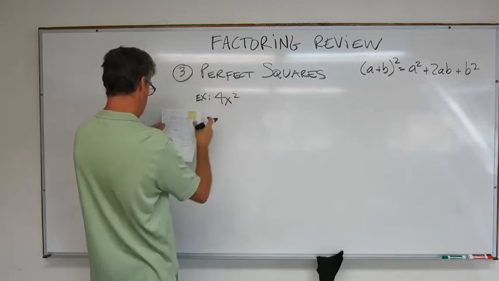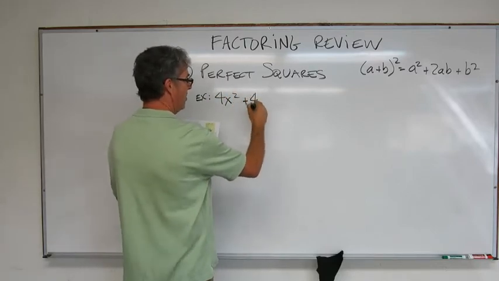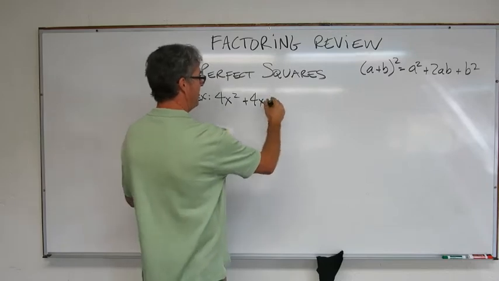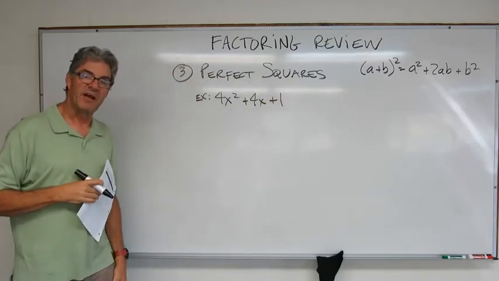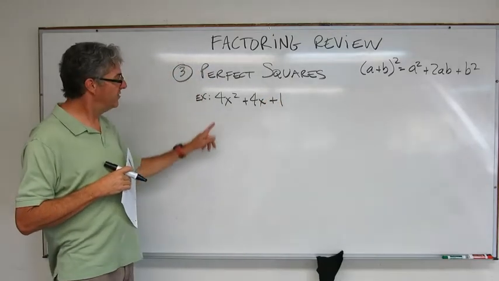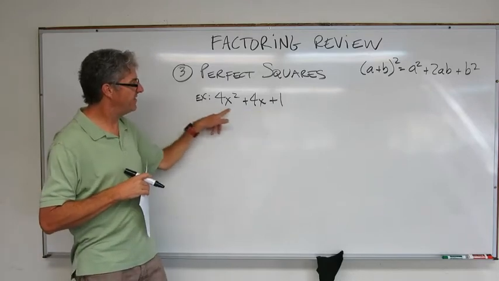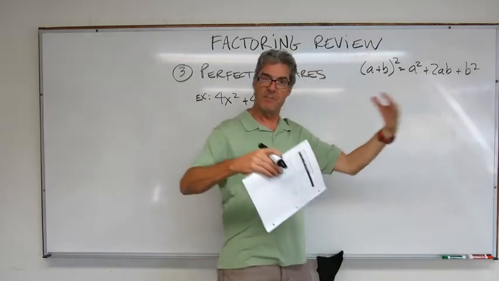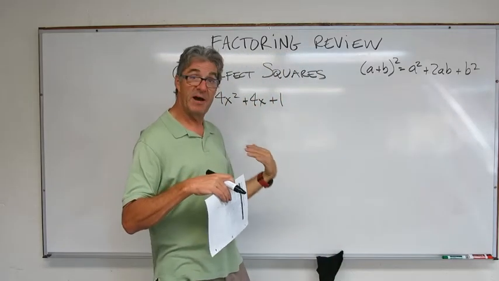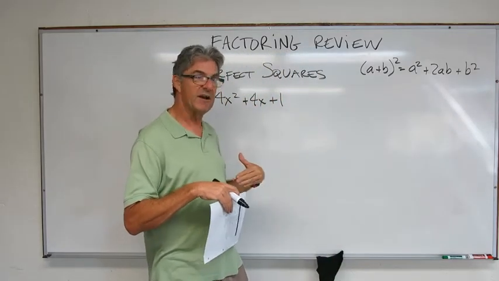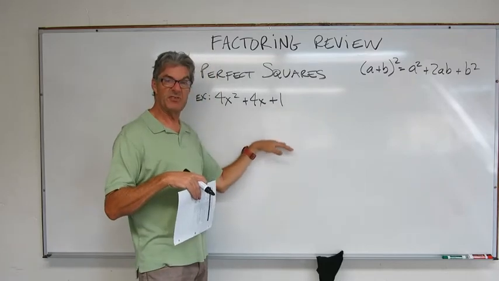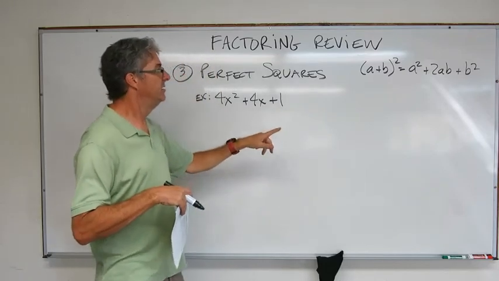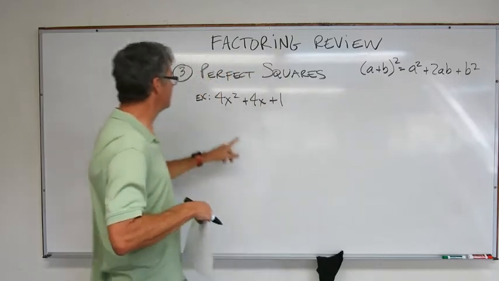So let's take a look at an example. 4x squared plus 4x plus 1. Okay, so this is a little tricky. You have to recognize that this expression can be written this way. So I'm going to break it down nice and step by step, as you master the pattern, you're going to be able to skip some of these steps because you'll just see what's happening. So the first term has to be written as something squared.